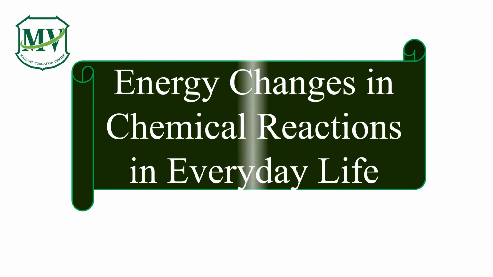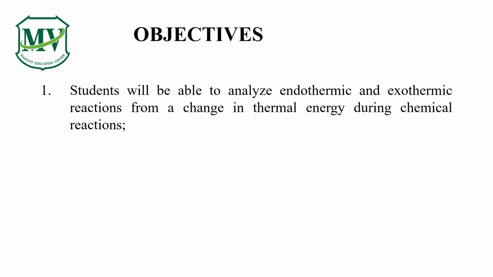Now, we will discuss the topics all about energy changes in chemical reactions in everyday life. Here are our objectives for this lesson. First, the students will be able to analyze endothermic and exothermic reactions from a change in thermal energy during chemical reactions.